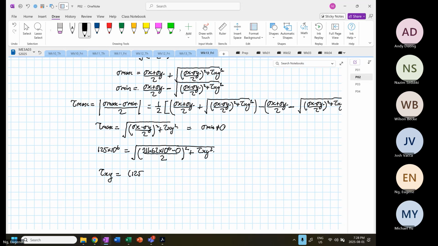So from here, when I remove it, our shear xy will be equal to 125 times 10 to the power 6, squared, minus this term over here, 211.62 times 10 to the power 6 divided by 2, and then squared, and then we have to take the square root of the whole thing.